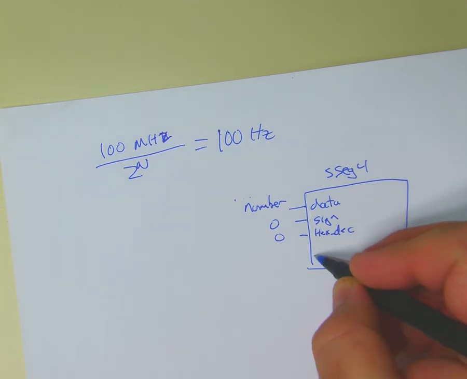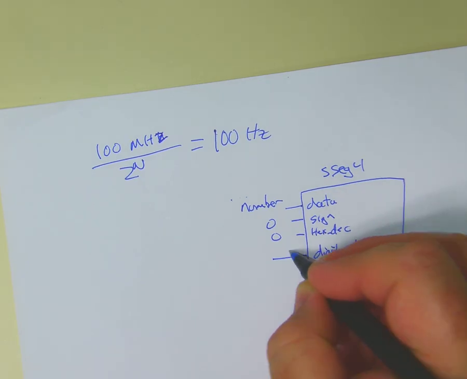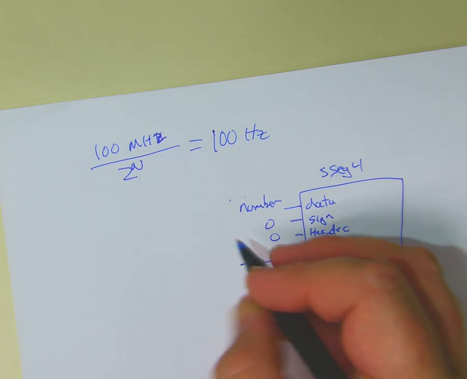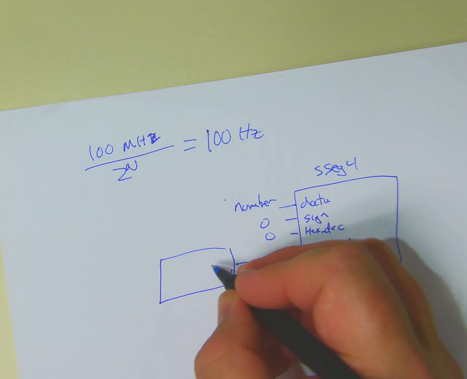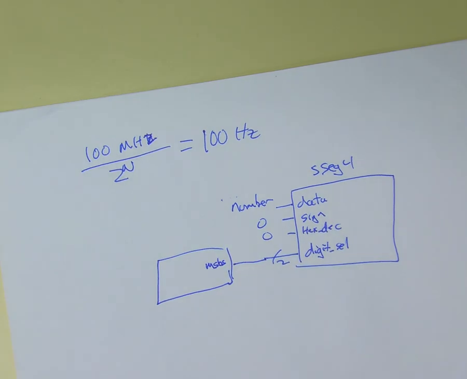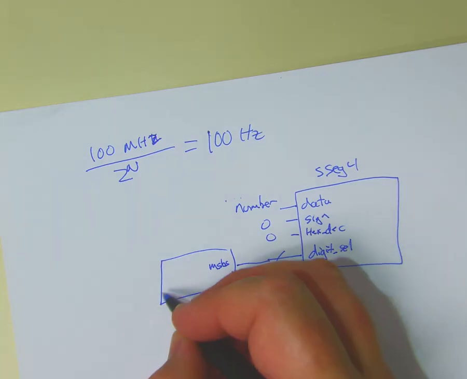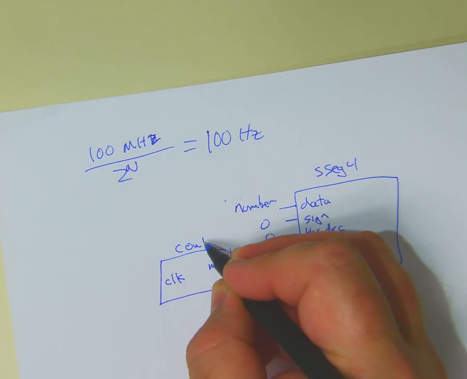What we're really going to care about here is this last one, which is digit select. And that's a 2-bit number. We're going to take our most significant bits. That's what I'm going to call those, high 2. And I've got a clock input. And this is the counter you are building.